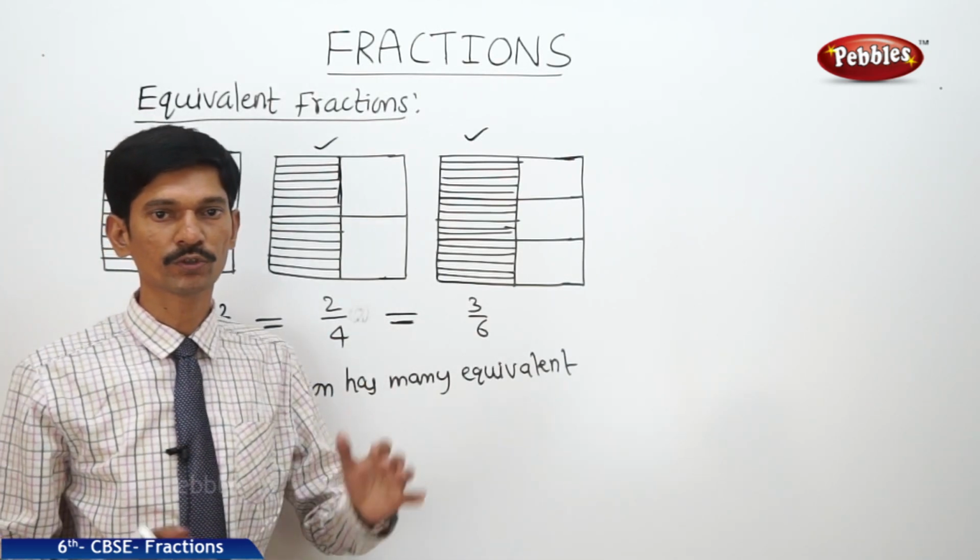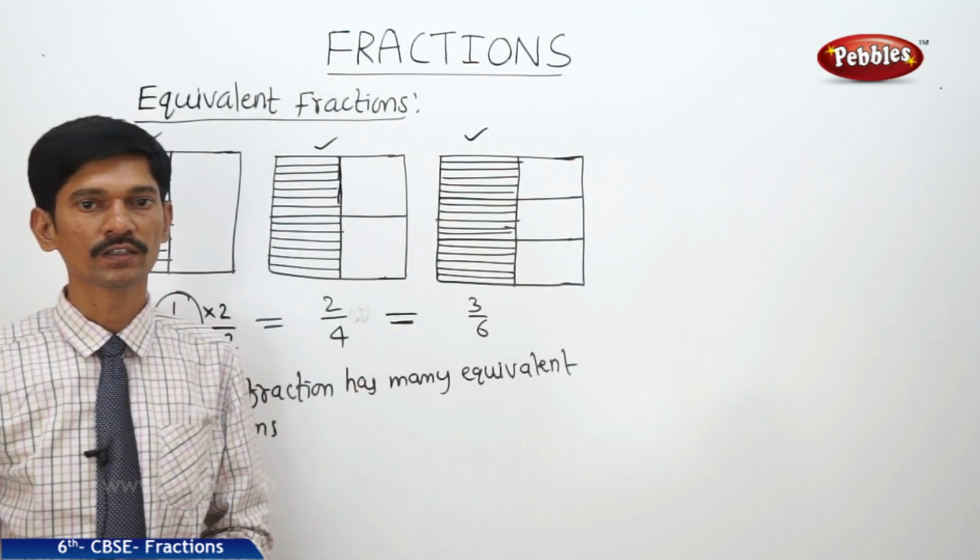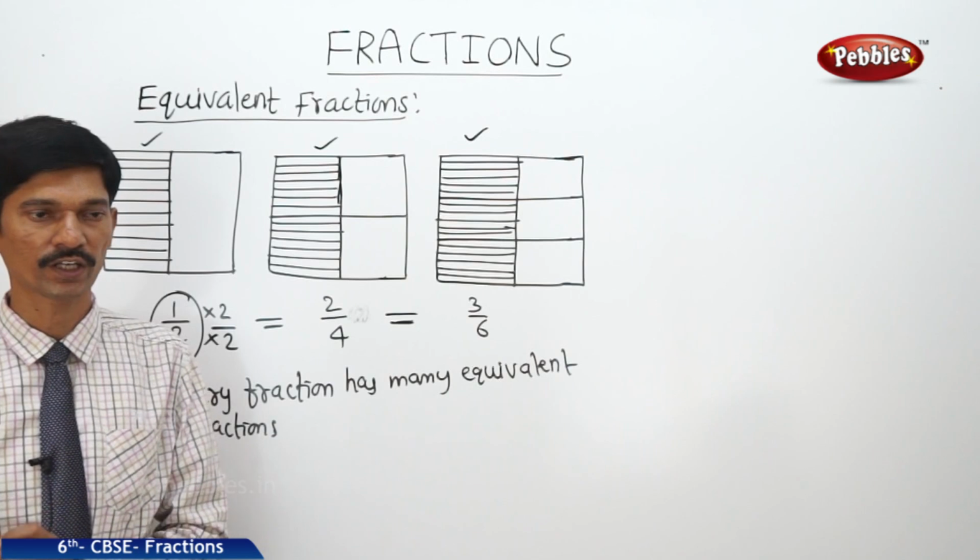So when you multiply both numerator and denominator of the fraction by the same number, then we get equivalent fractions.